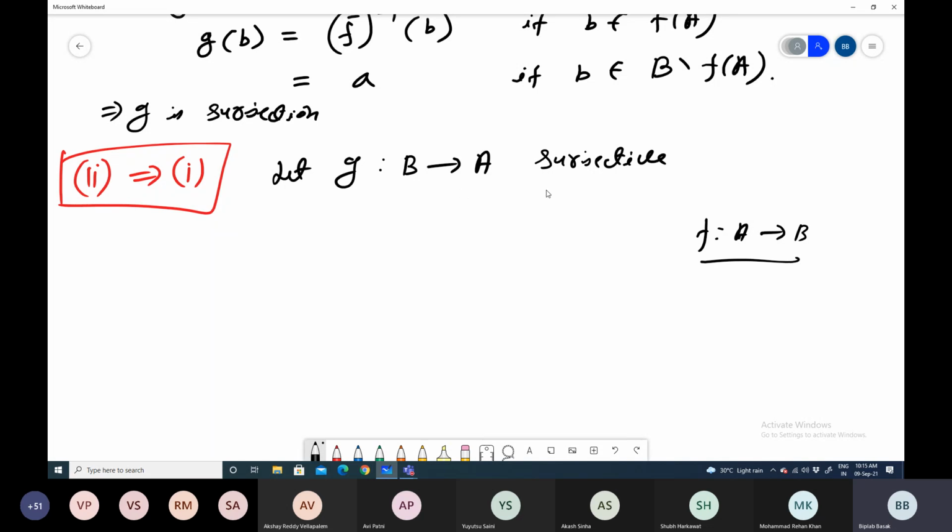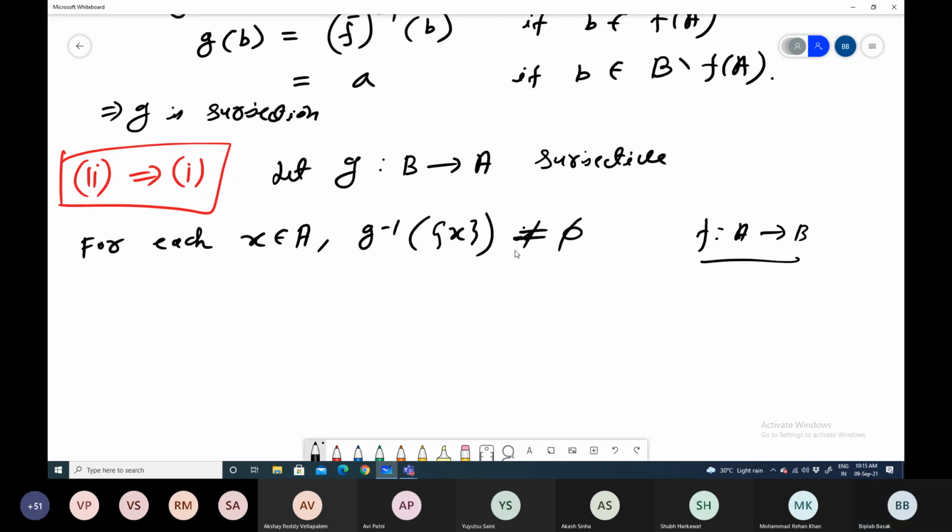Since g is a surjection, for each x from A, we have g inverse of x is non-empty. You can see it is non-empty, and this is a subset of B.